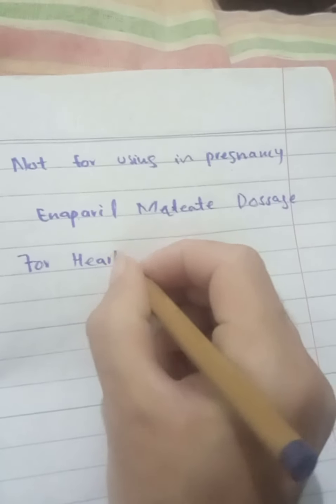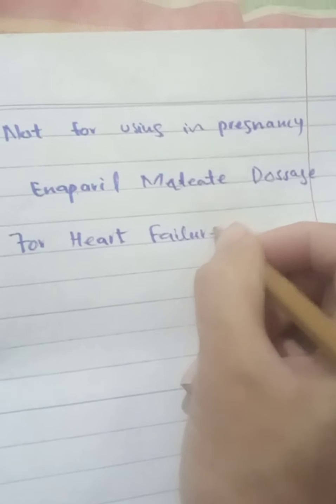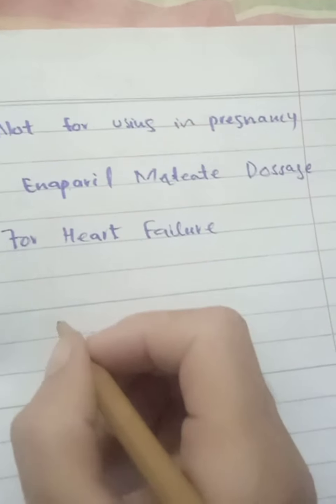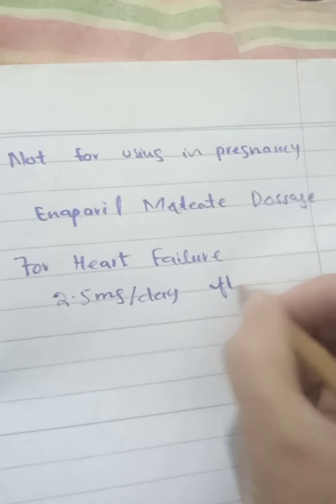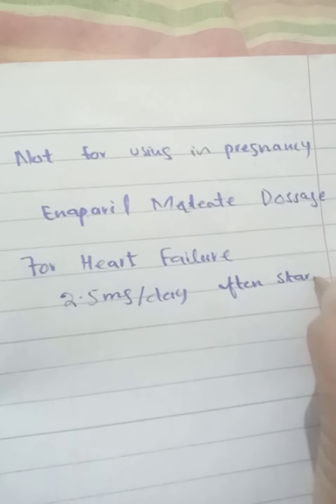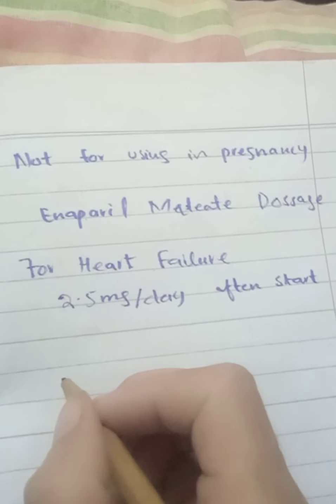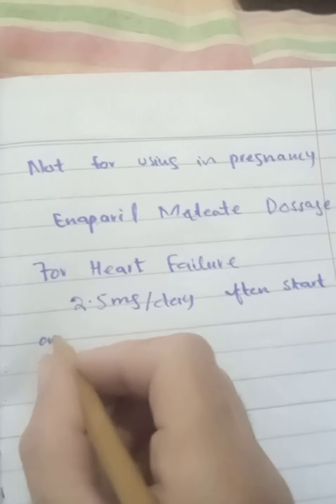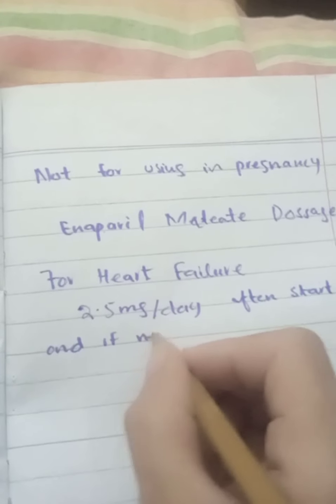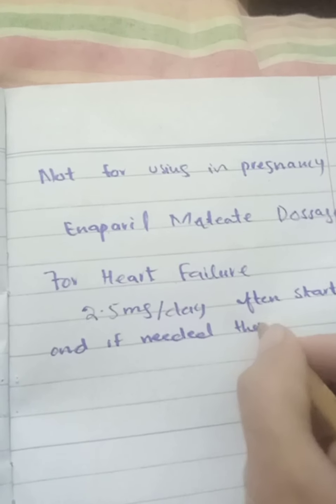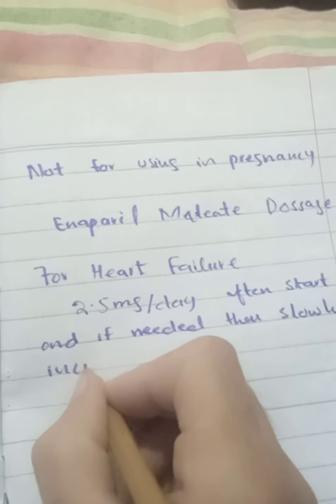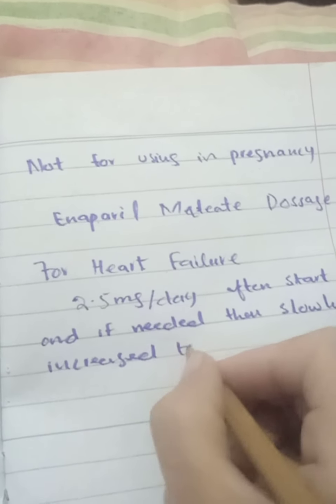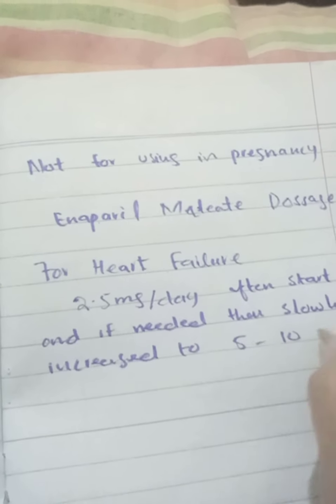Now, coming to the doses of Enalapril maleate, it is based on the person and condition of the person. For heart failure, generally a 2.5 mg per day tablet should be started, and it can be increased slowly up to 20 to 40 mg.